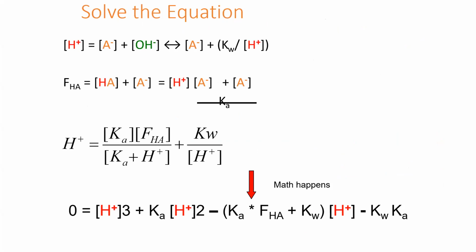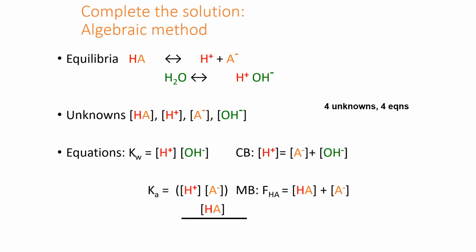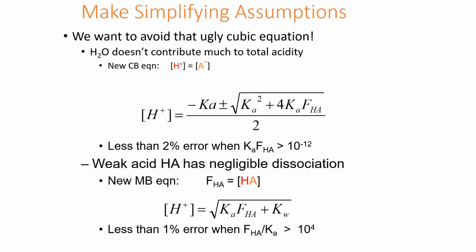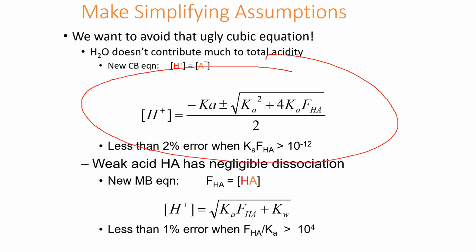And I will honestly not make you do that. That's way too much stuff to ask in a reasonable question. Being able to apply this, you should be able to do that.